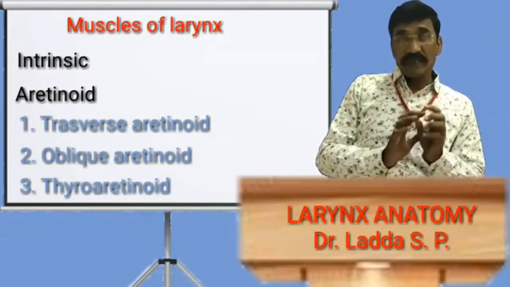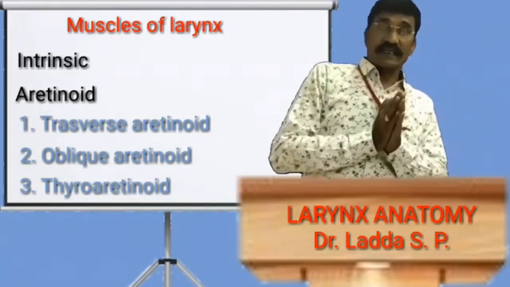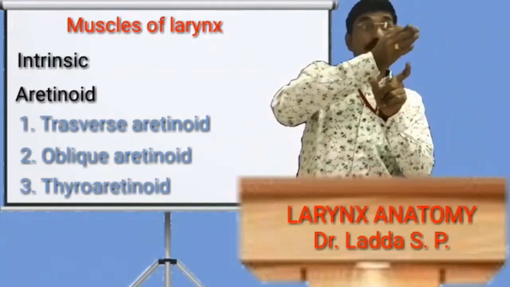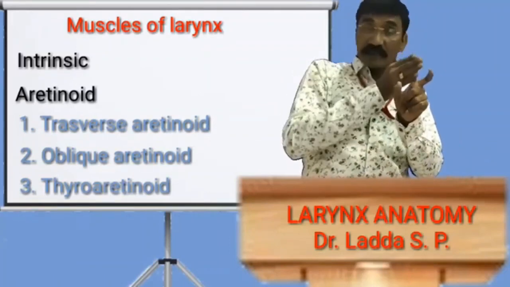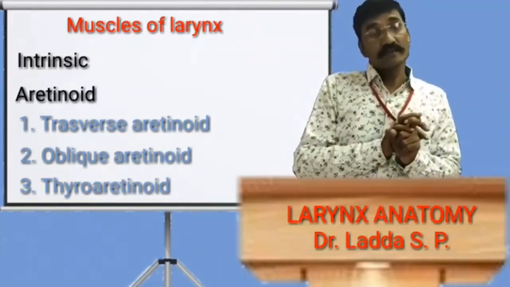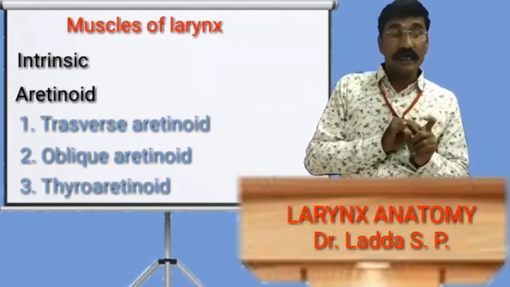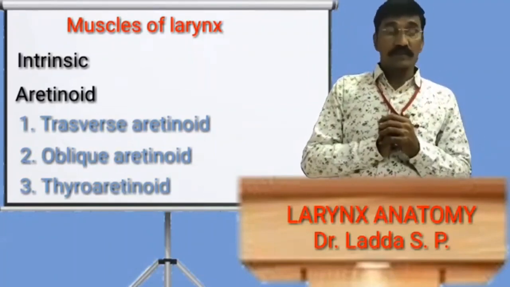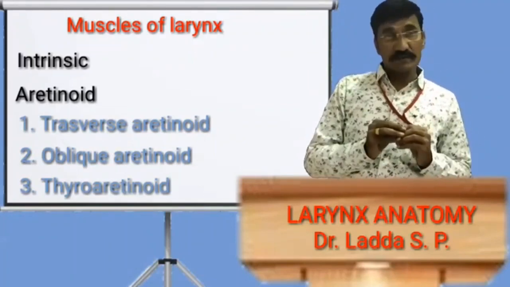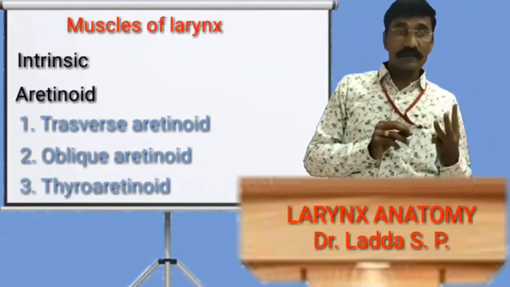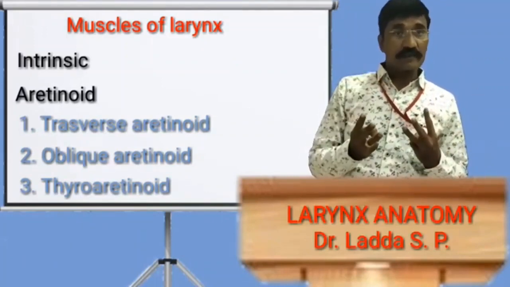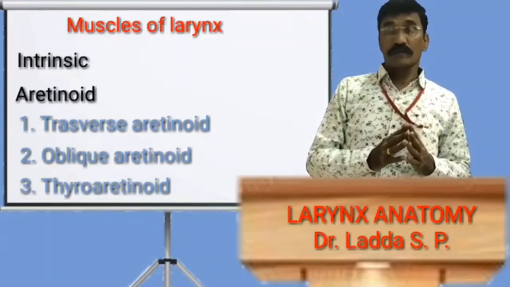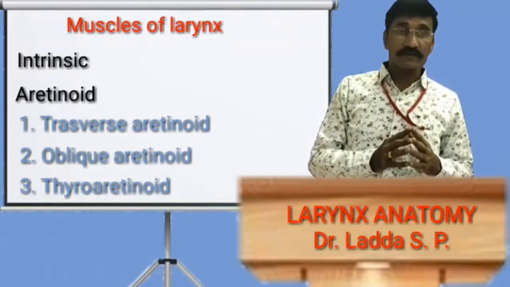It takes origin from the thyroid cartilage and reaches the arytenoid cartilage, and it is called the thyroarytenoid muscle. So these are six intrinsic muscles: three concerned with the cricoid and three with the arytenoid. This is the intrinsic muscles of the larynx.